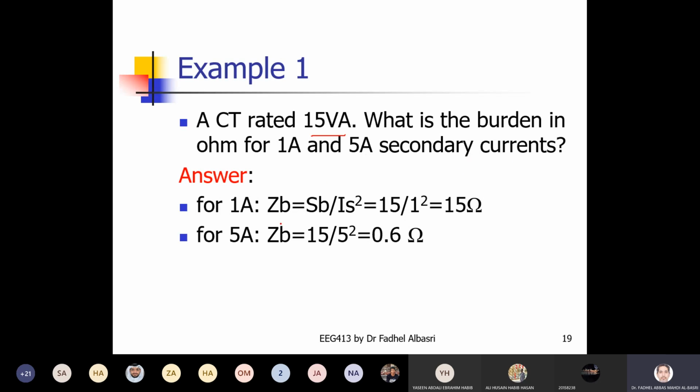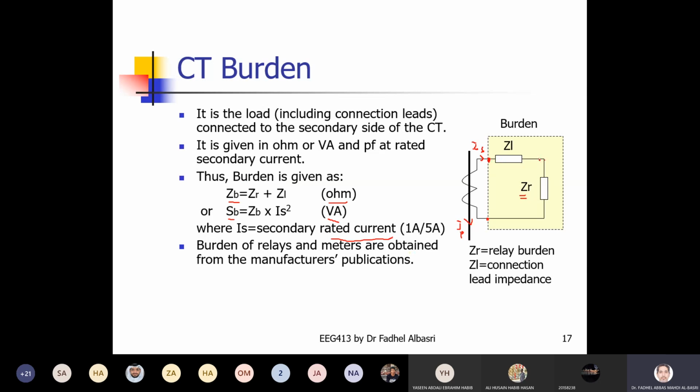We know that Z burden is equal to S burden over I secondary squared. And I have the burden 15 over 1 ampere, for the 1 ampere rated current. I get 15 ohm maximum burden corresponding to 1 ampere. If this CT is 5 ampere rated secondary, the corresponding maximum burden that should be connected across the secondary is 0.6 ohm.